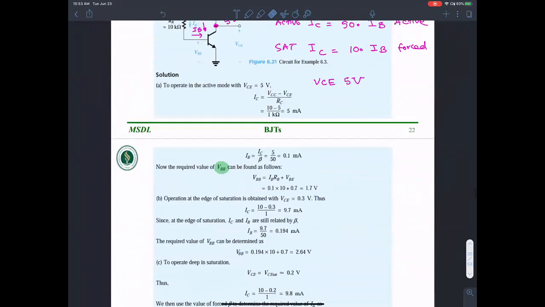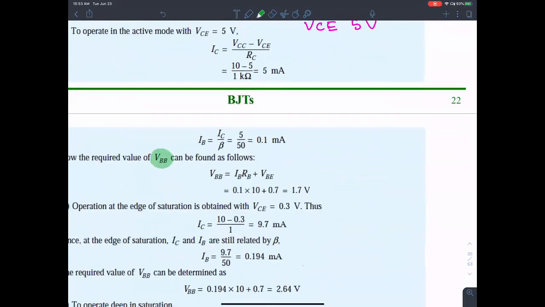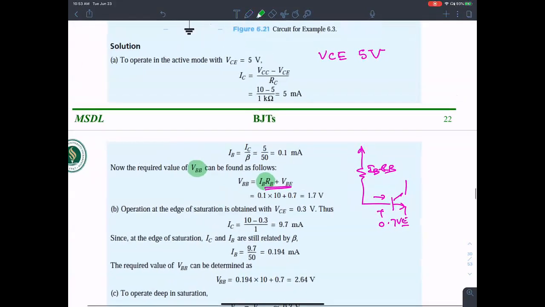So VBB is going to be IB RB, the voltage dropped across this resistance going into the BJT, plus 0.7 volts. We get a value of VBB of 1.7 volts.